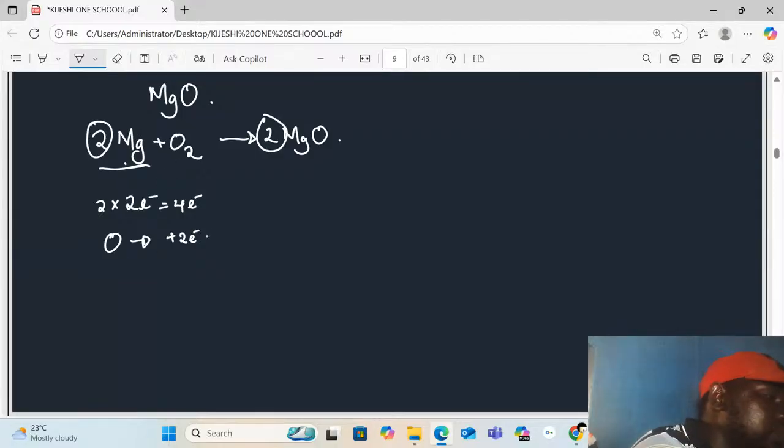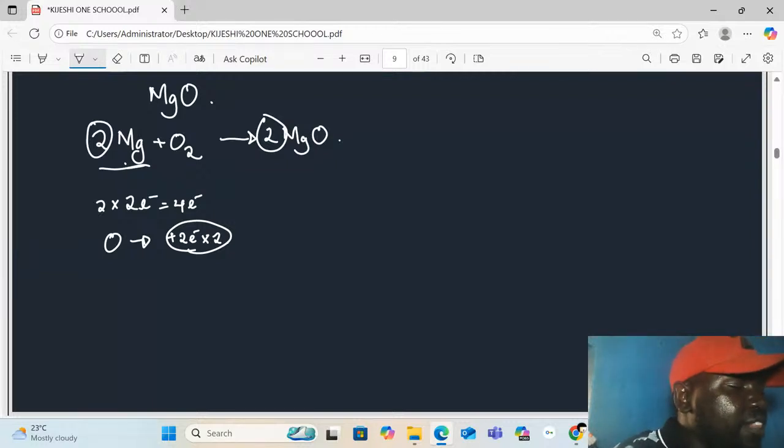But since they are 2 atoms, they will gain 4. So that thing of saying there is complete transfer of electrons is true. The two magnesiums are losing a total of 4 electrons, each contributing 2, 2. Then the oxygen is receiving each 2, and they are 2 in this case. Have a look.